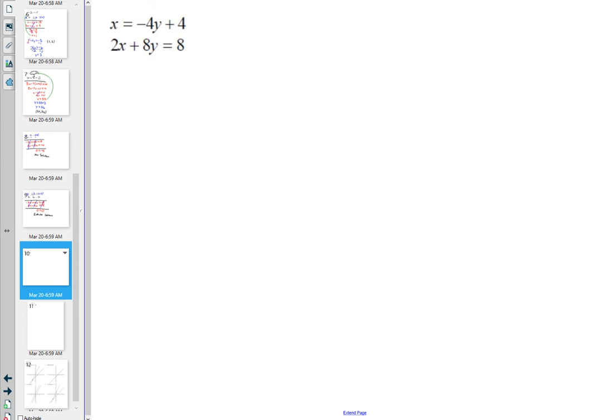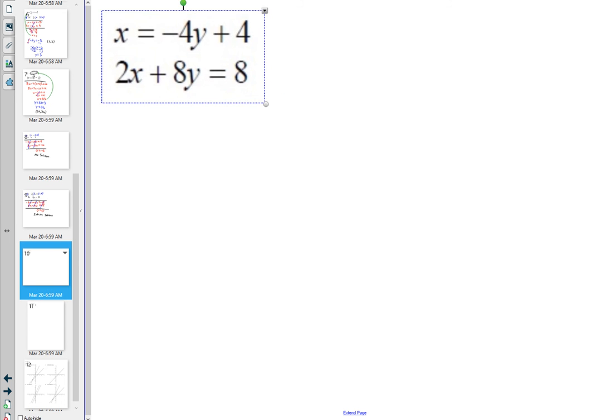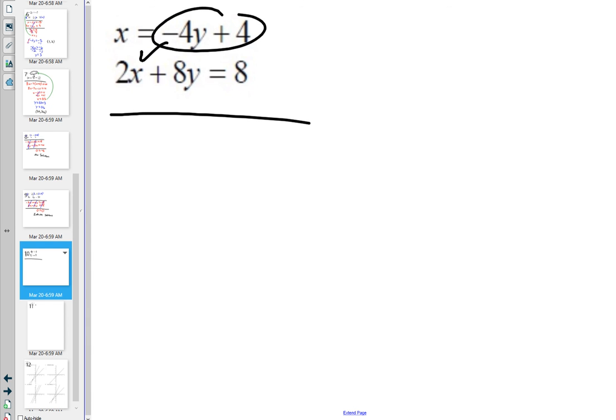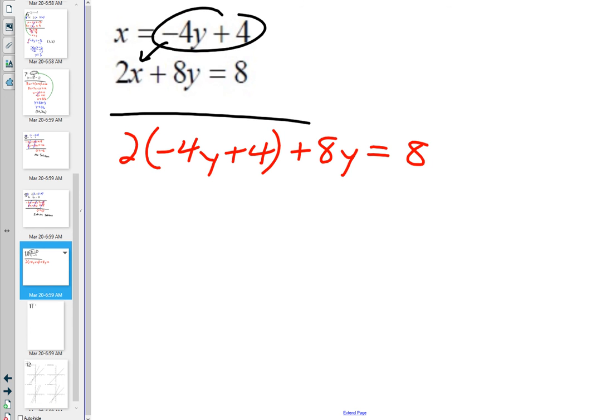What would be the best method for this one? Substitution. We get this value for x and plug it into the other x. So 2 times negative 4y plus 4 plus an extra 8y is equal to 8.